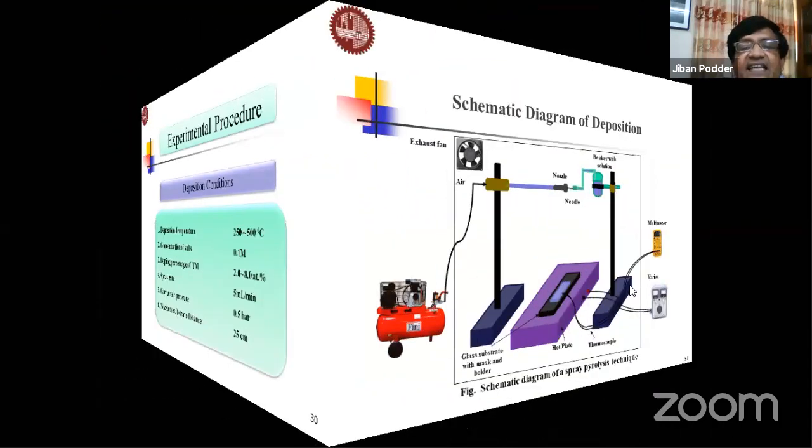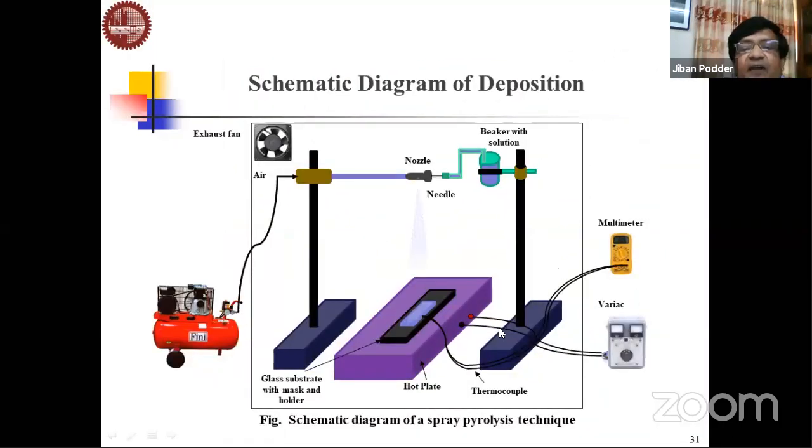Second, you see here the setup of the spray pyrolysis system. Here, we need the air carrier gas. This is the compressor we use to push the air to the channel, and this is the nozzle, and this is the aqueous solution.